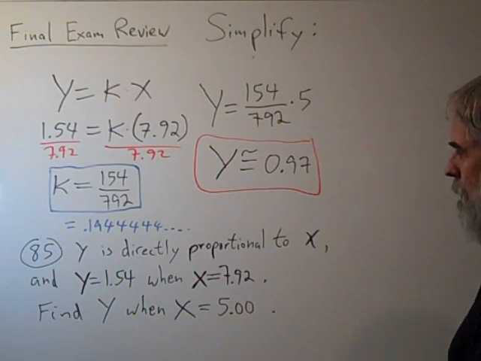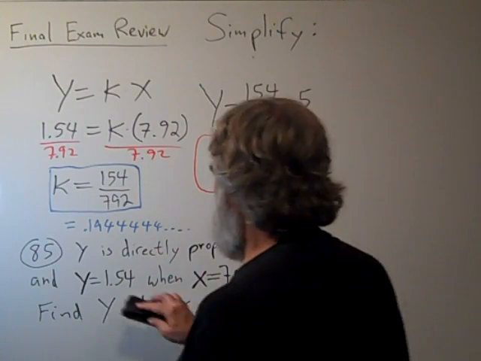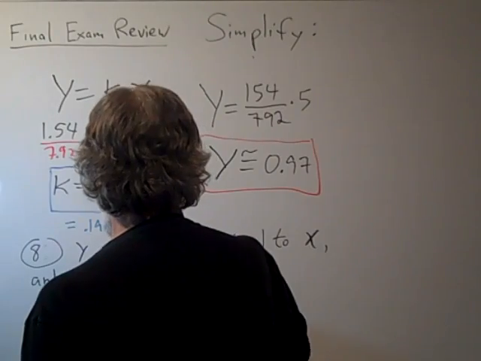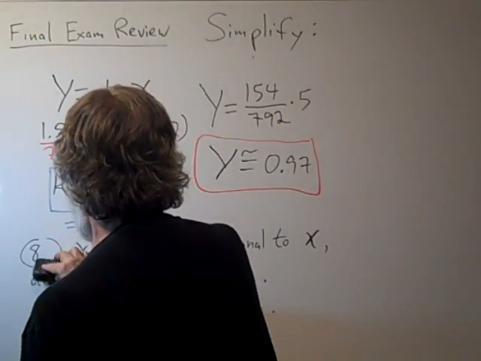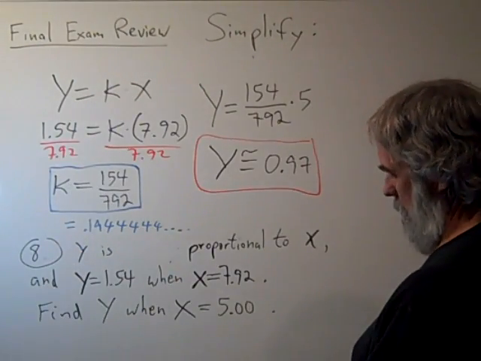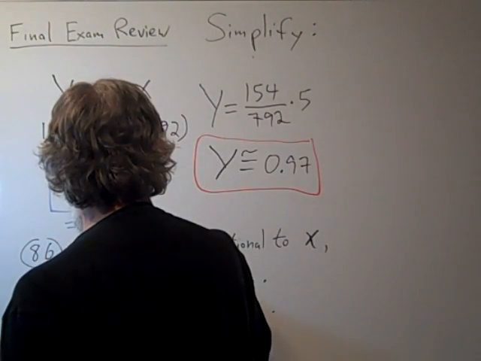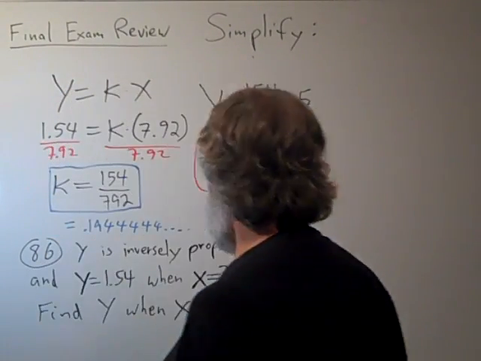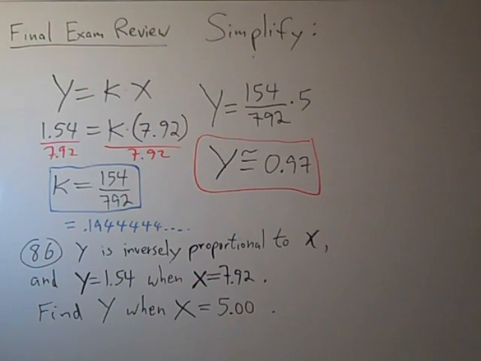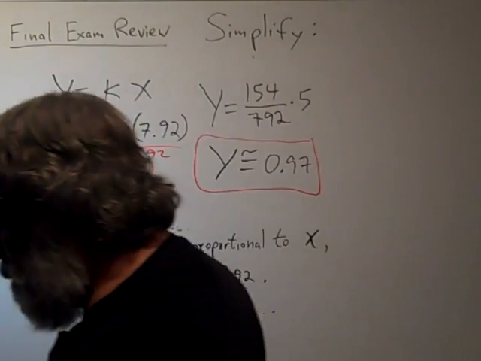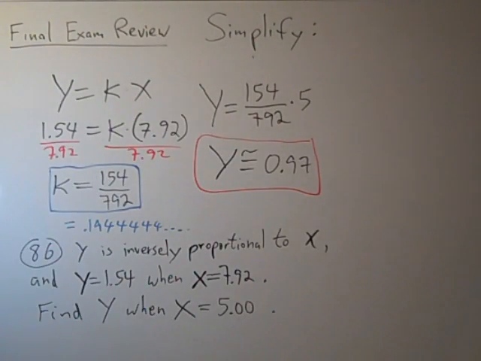Finally, let's look at problem 86. It's almost the same problem that we just did, except inversely. Instead of directly proportional, now we're talking about inversely proportional. And so, here we go.